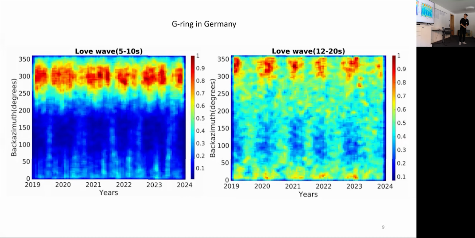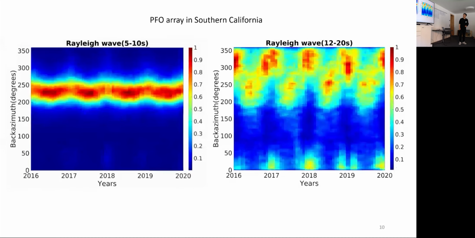If you look at PFO in Southern California, the left figure shows the secondary microseismic noise. It mainly comes from the southwest direction, 225 degrees.